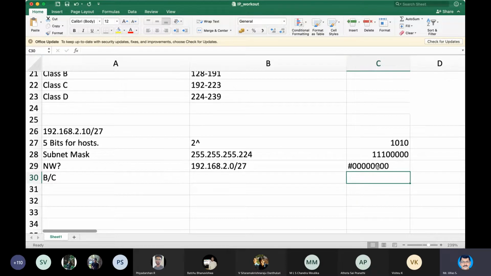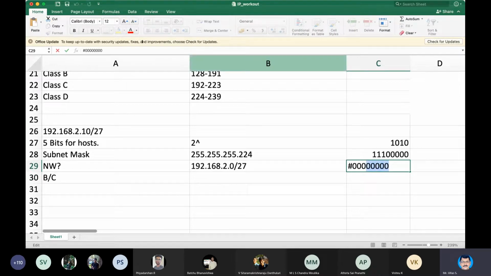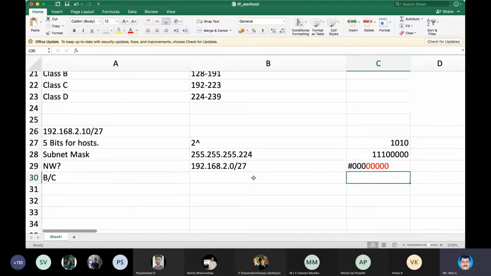So out of this, the 5 bits are for host, right? 1, 2, 3, 4, 5. 5 bits are there for host.